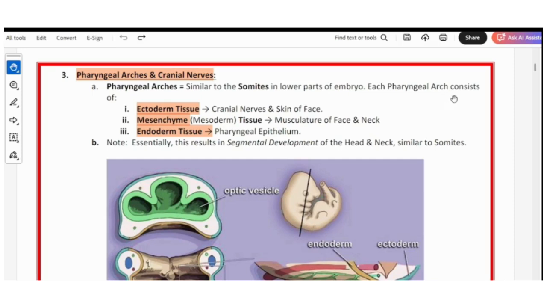Each pharyngeal arch consists of ectoderm, which gives cranial nerves and skin of the face; mesenchyme, mesodermal tissues, which form the musculature of the face and neck; and endoderm tissue, the pharyngeal epithelium. The important note here is that this results in segmental development of the head and neck, similar to somites.